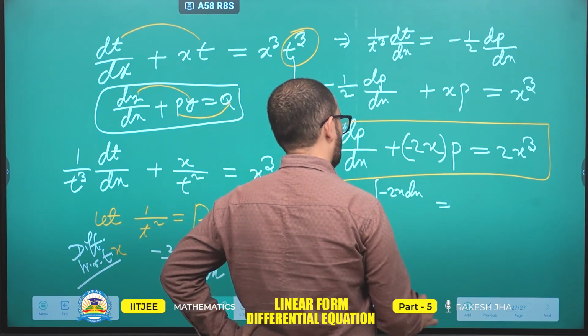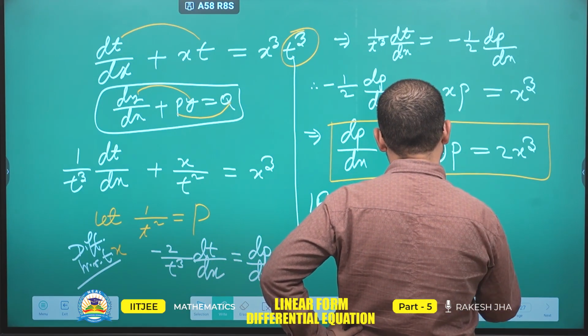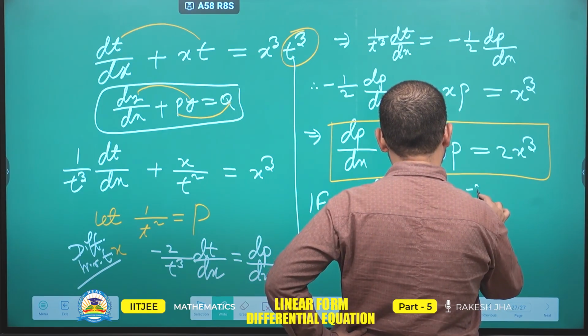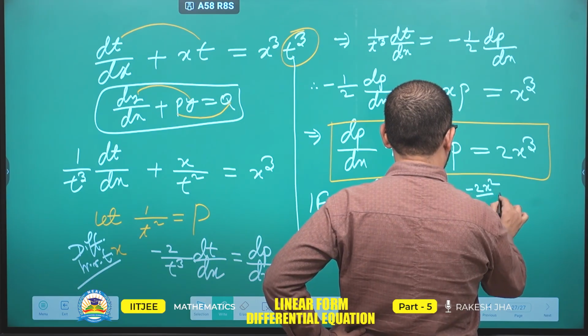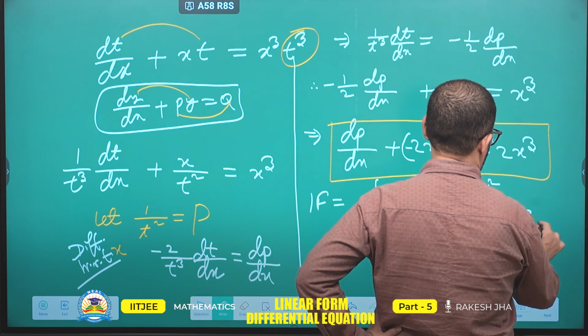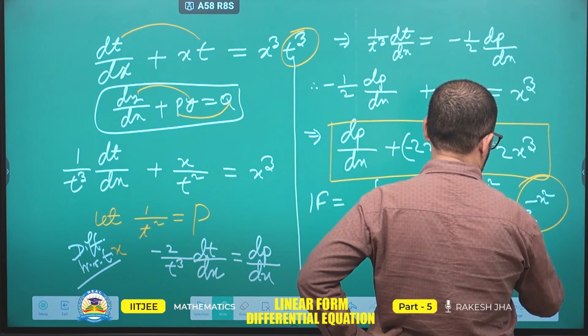So it would be e raised to the power minus 2 x square by 2. So it would be e raised to the power minus x square. This is the integrating factor.